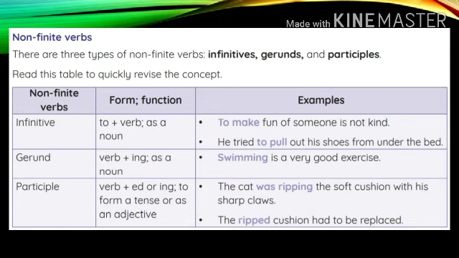So we have infinitive, gerund, participle. Infinitive means we add to to the verb. Gerund means we add the ing form to the verb to make a noun. Participle means we add ed or ing to attain an adjective.